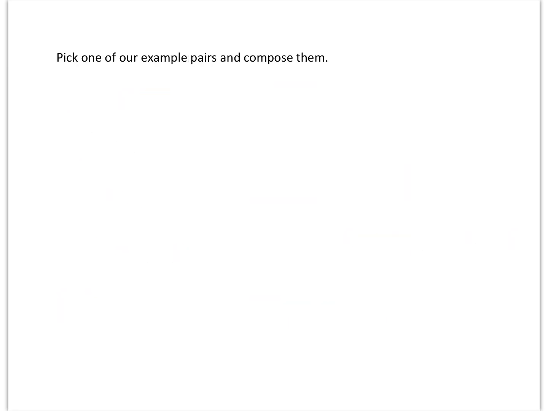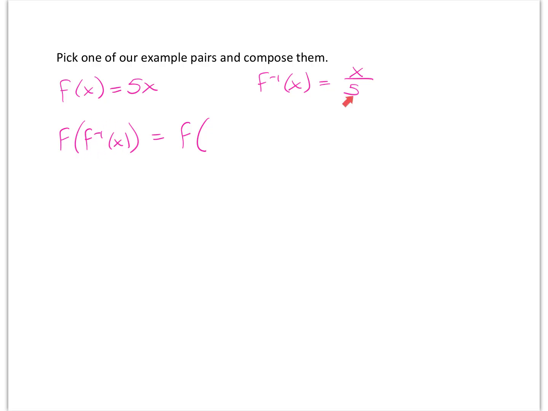Let's just pick one of our examples and compose them. Let's look at f of x equals 5x and f inverse of x equals x over 5. So f of f inverse of x. That would be f of, so instead of f inverse of x, I'm going to replace f inverse of x with its formula, x over 5.